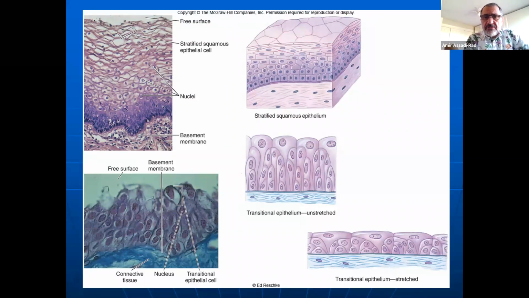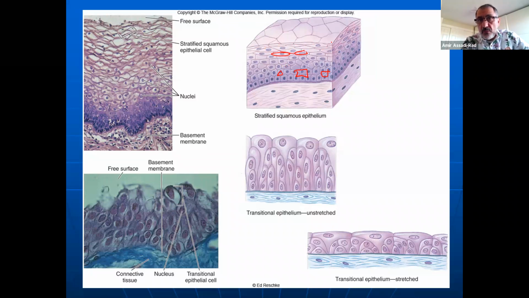Look, on the bottom of this tissue, this gland, whatever it is, you have cuboidal epithelial tissue on the bottom, and on the top of this gland or whatever structure you have, again, there's squamous epithelial tissue. So what do you call that?